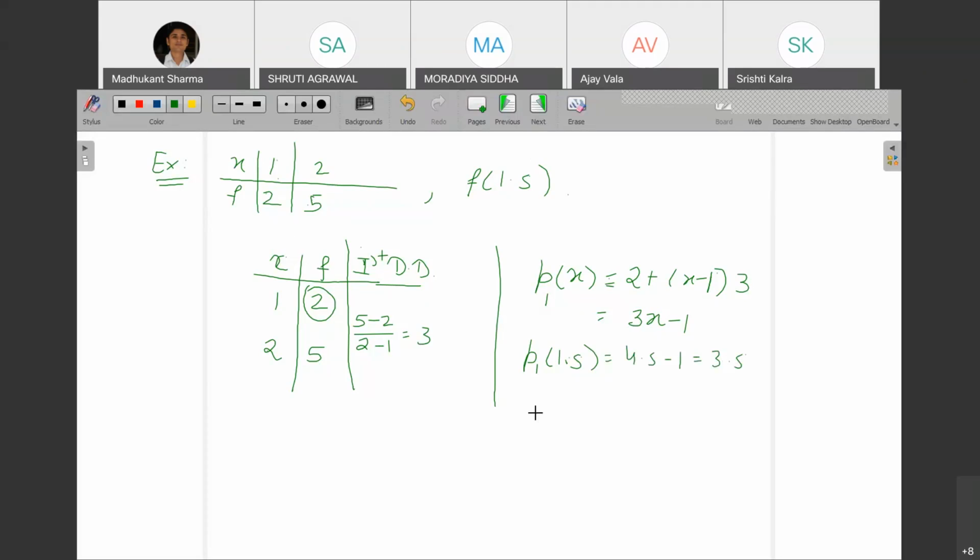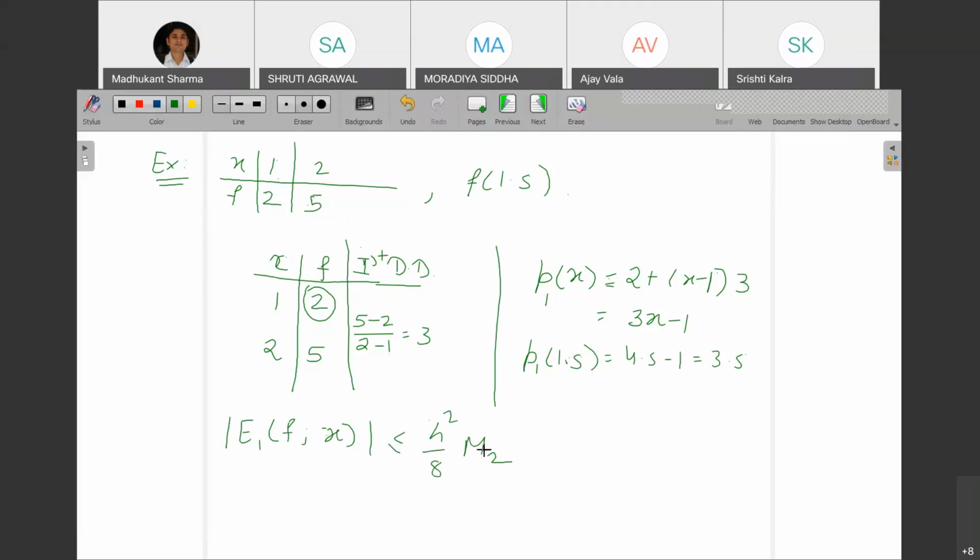Now what will be the error here? What we have derived is that E1 of f at x is less than or equal to h square by 8 times m2.